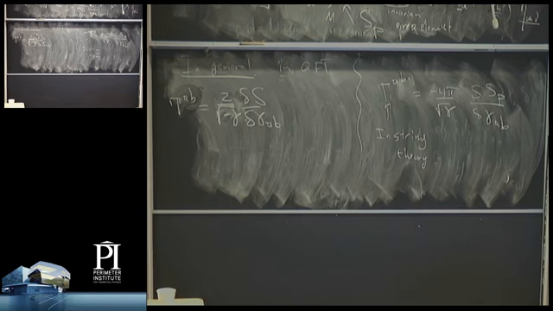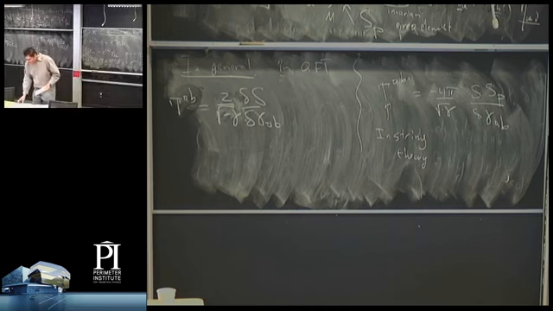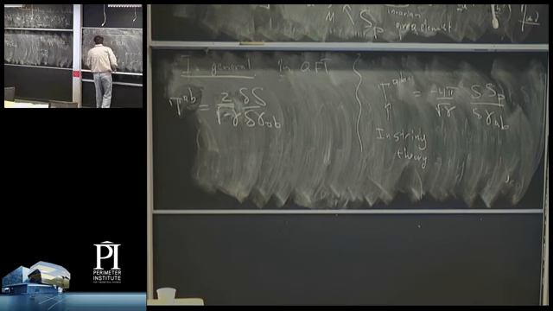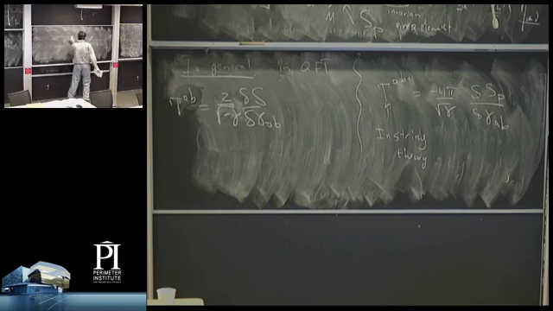So we're going to compute the stress energy tensor of this two-dimensional theory. Up here, all we have to do is vary with respect to the metric. But before we do that, I want to ask the question: what are the conditions on the stress energy tensor that are imposed by the symmetries of the action?